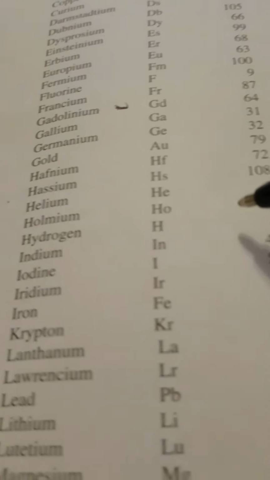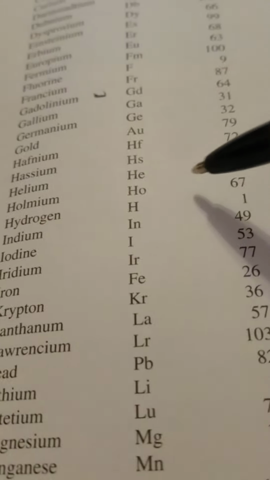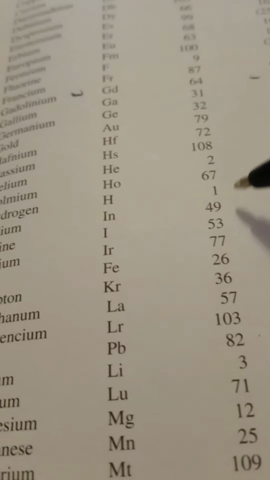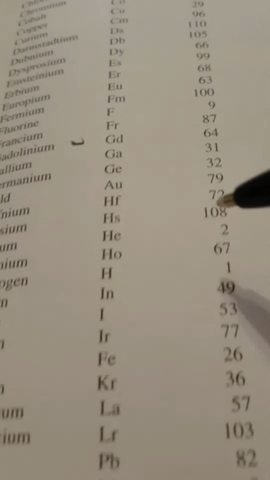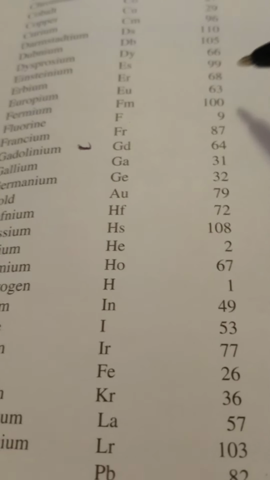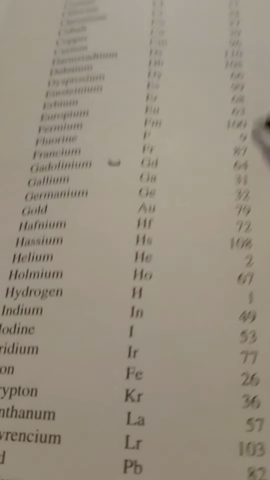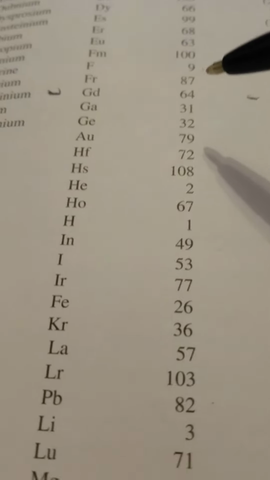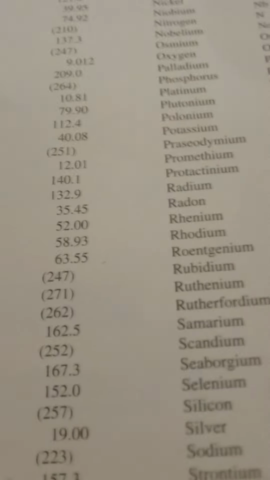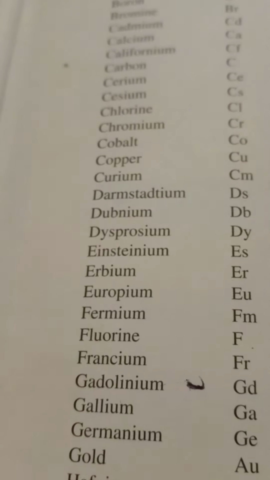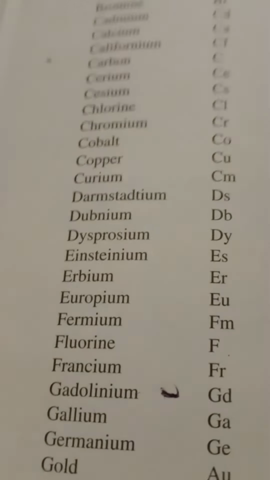Let me see if I can find another one for you. They're hard to find, but you can find them if you look hard enough. You don't need to retain the decimal point. What I'm trying to tell you is you don't have to have a decimal point.